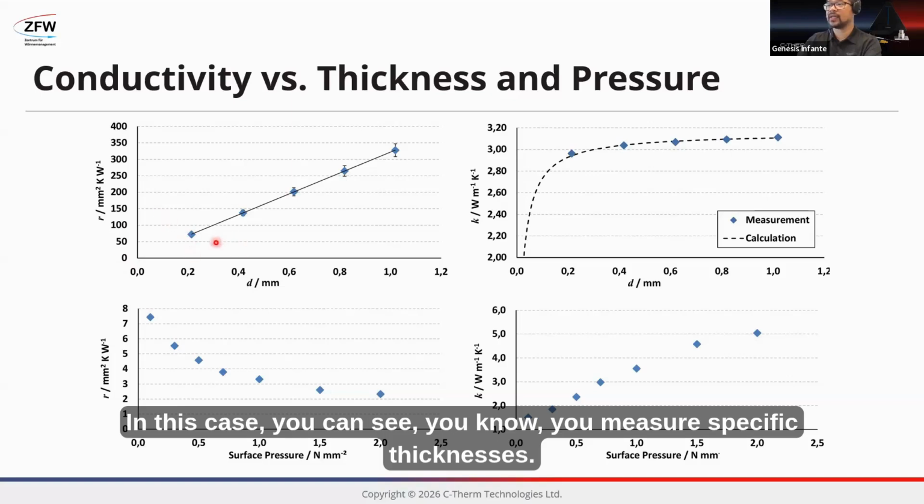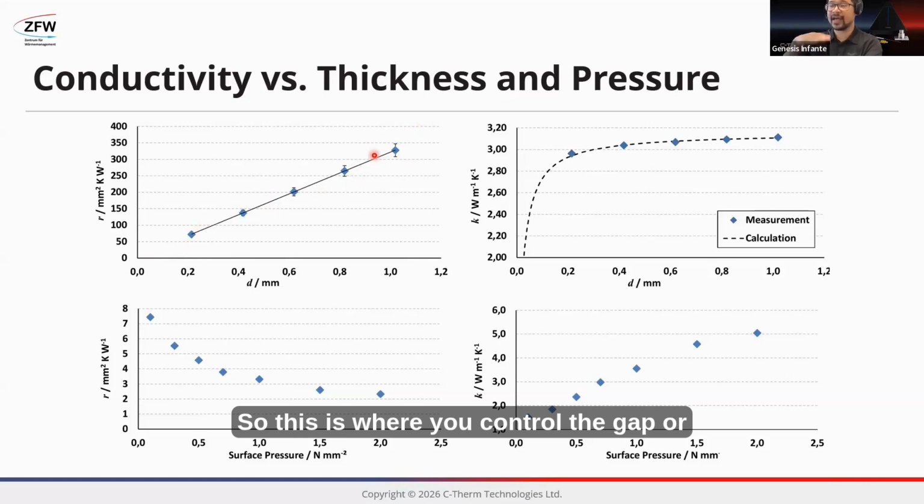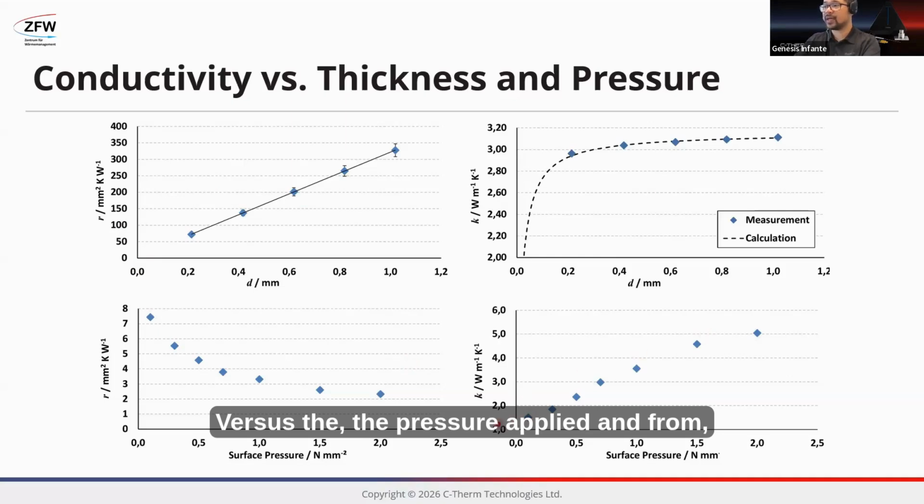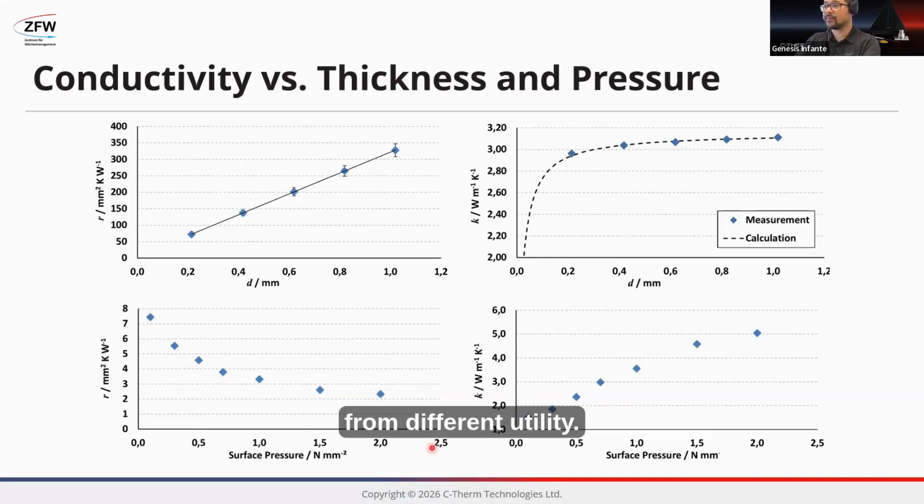In this case, you can see you measure specific thicknesses, so this is where you control the gap, or you control the pressure itself. So you can see that the behavior is a little bit variable across the board. And this is the conductivity, and this is the resistance versus the pressure applied.